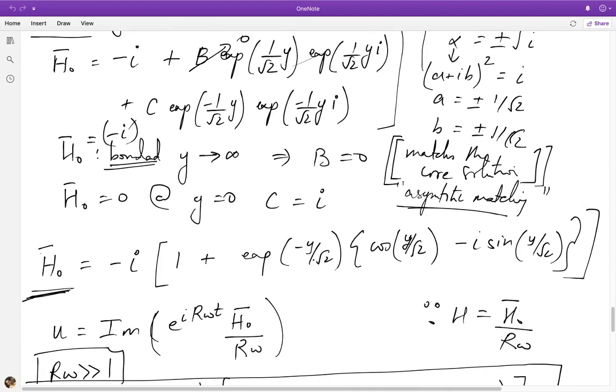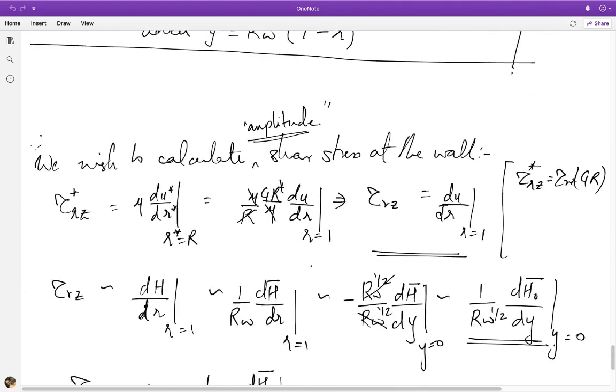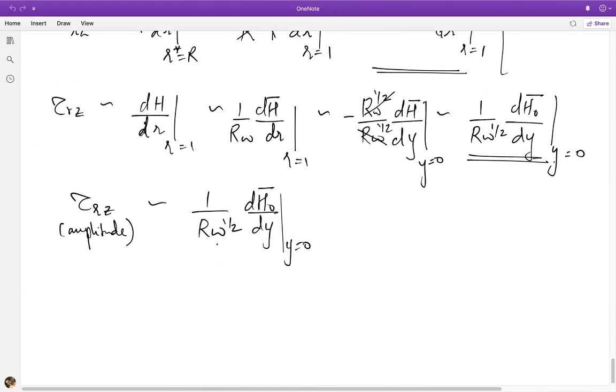So it is just something which has roughly the magnitude of some number between 1 to 10, based on our scaling. So if we have solved the solution, we simply differentiate this expression and evaluate it at y equal to 0 to get the exact answer we're looking for as the approximate amplitude of the shear stress.